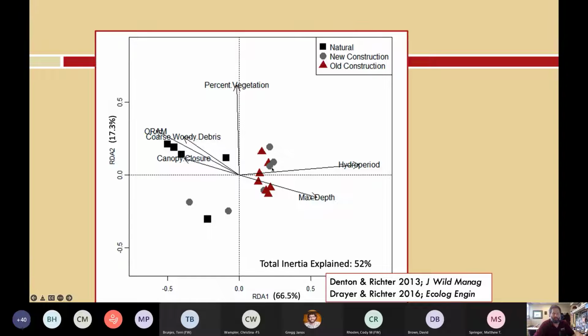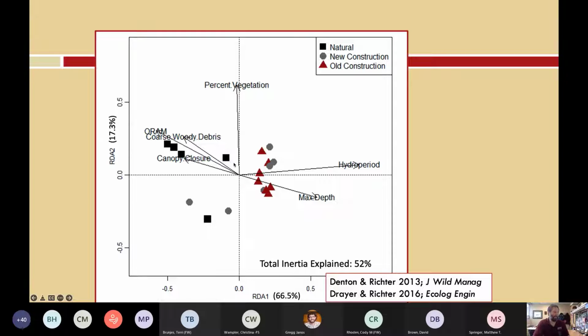Makes sense. They were meant to be permanent, and they should be really similar because they had a good technique down. The newer constructed wetlands that I showed you images of had more variation. Some of them grouped with the naturals, some with the older constructed, but just like the naturals, which have a lot of variability, they show that as well.